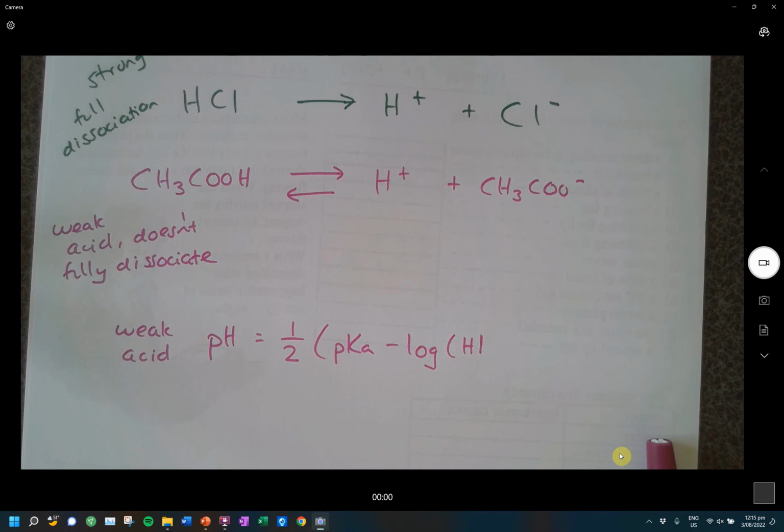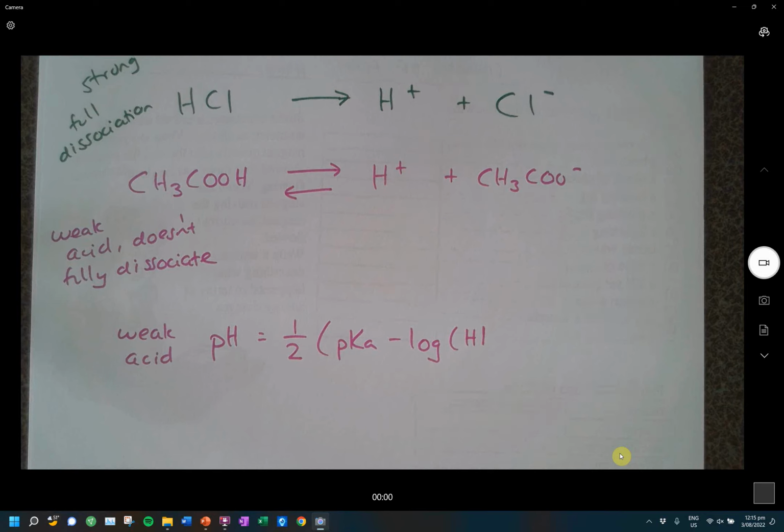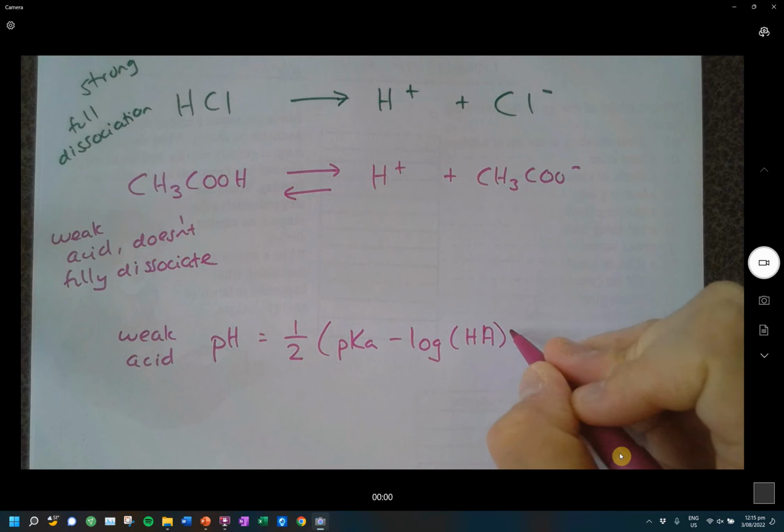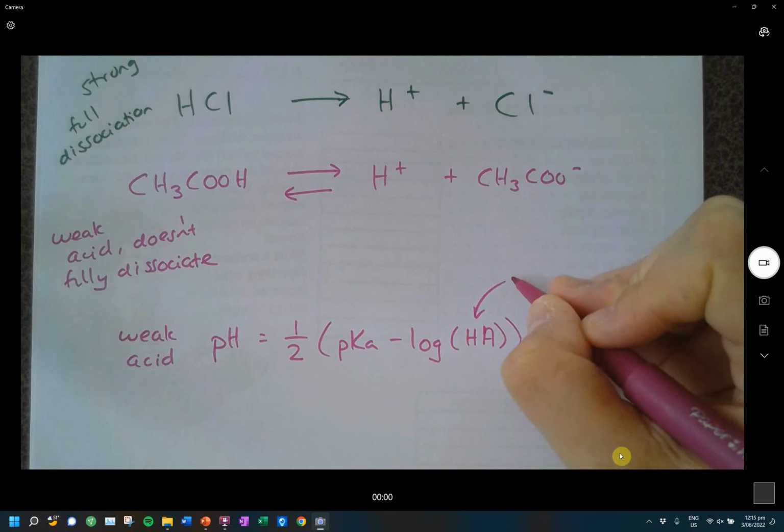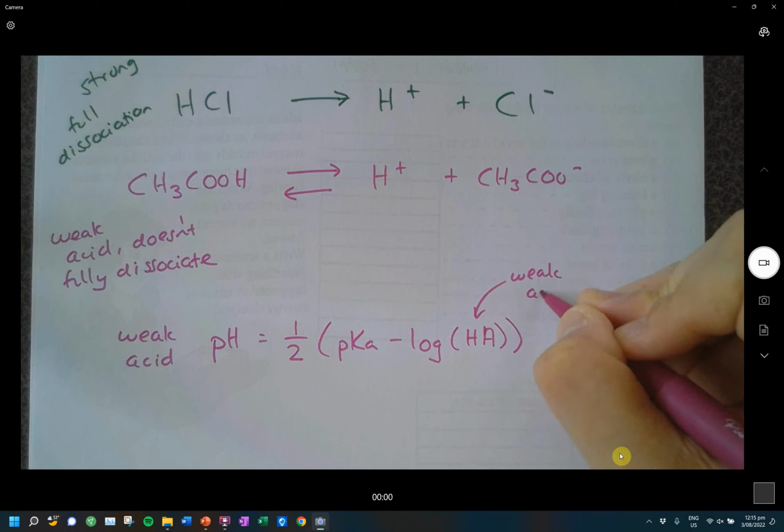Actually, I should say log of the acid concentration. So that's the weak acid concentration.